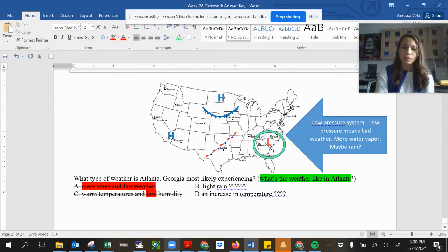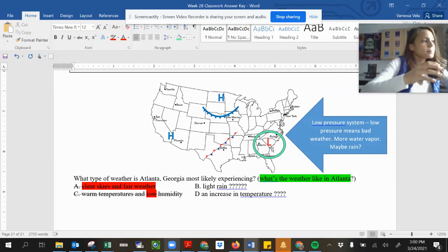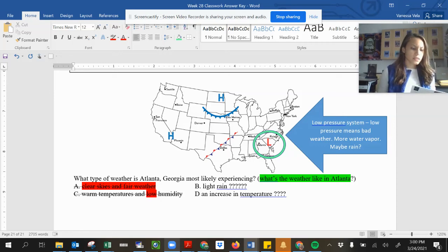Is light rain possible in a low pressure system? Well, if I go back to all of the items, and here's my reference sheet in front of me. Bad weather, yeah, that means there are clouds in the air because of the water vapor, potential for rain, or an increase in temperature. Well, low pressure systems could be cold and they could also be warm.